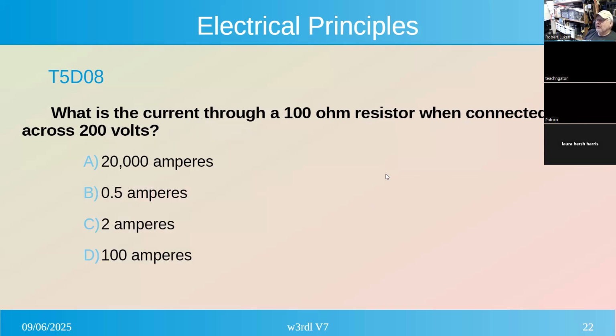What's the current through a 100 ohm resistor when connected across 200 volts? That should be an easy one.